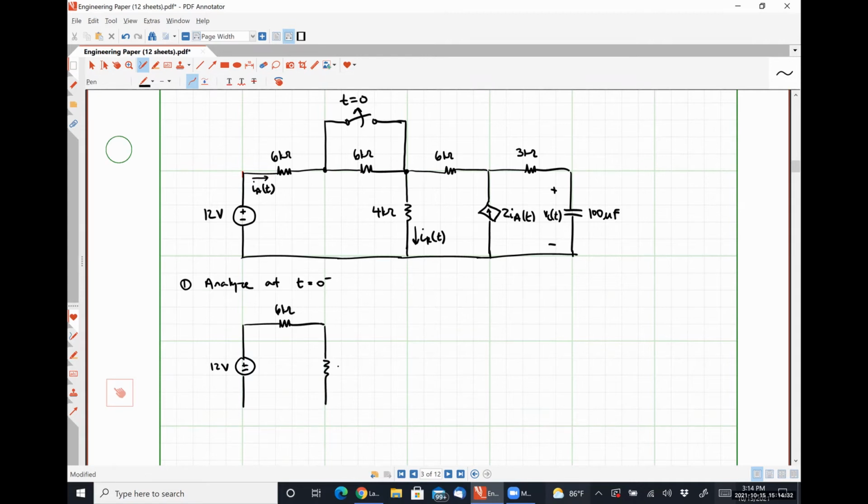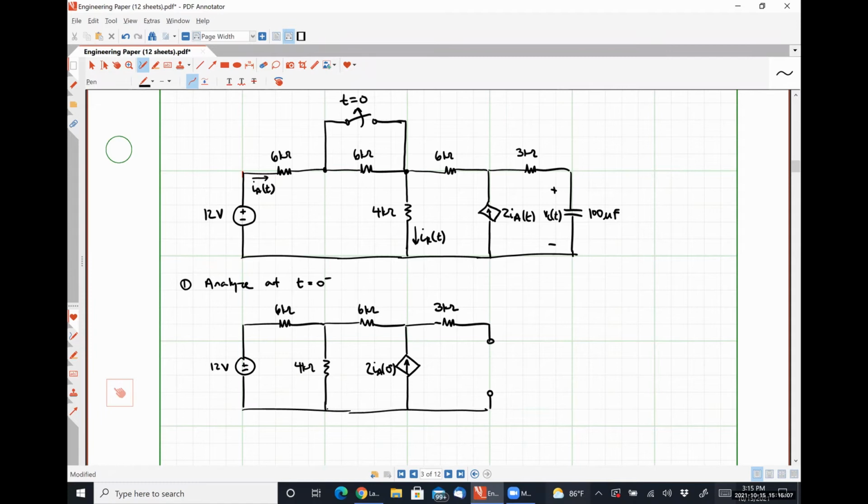I have my 4 kilo ohm resistor here, 6 kilo ohm resistor, dependent current source, 3 kilo ohm resistor.